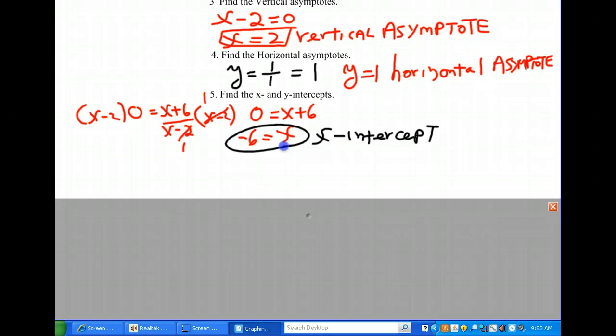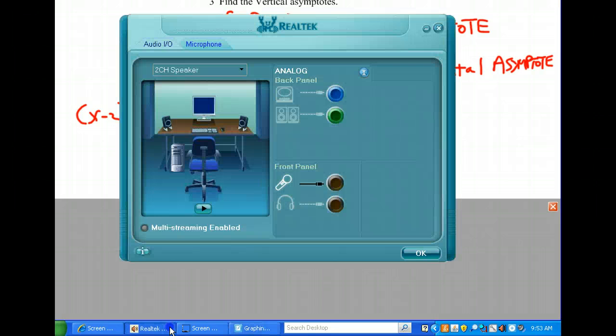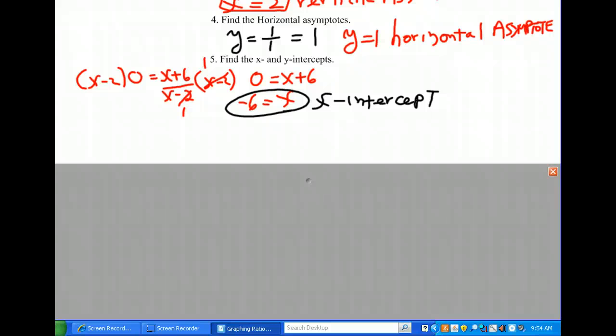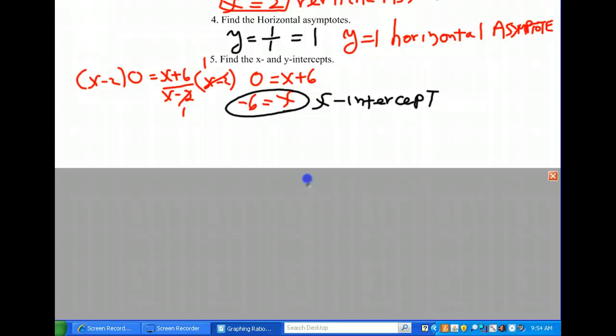And now we want to find the y-intercept. And if we remember, the y-intercept is simply when x is 0. So if we want to substitute 0 into our equation, we'll get that as follows. Let's draw a little line here so we can separate the two.